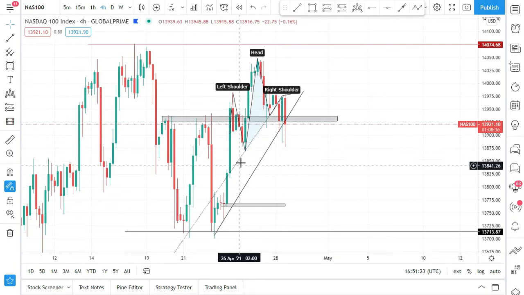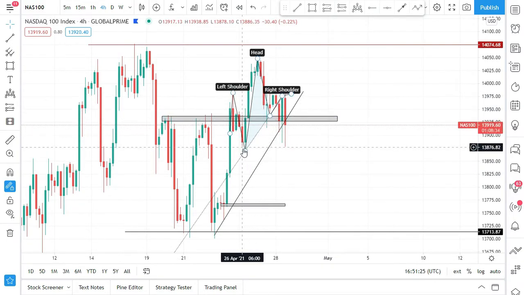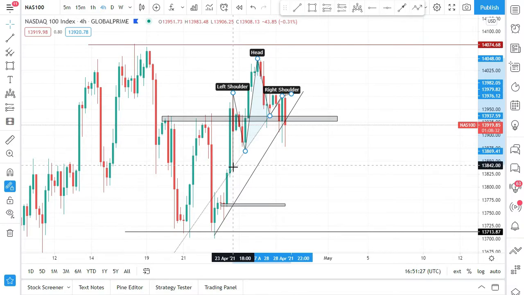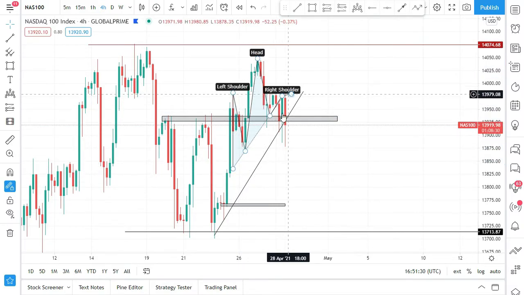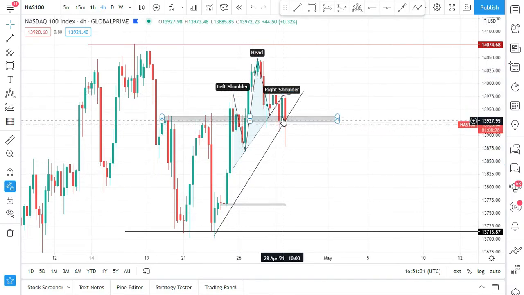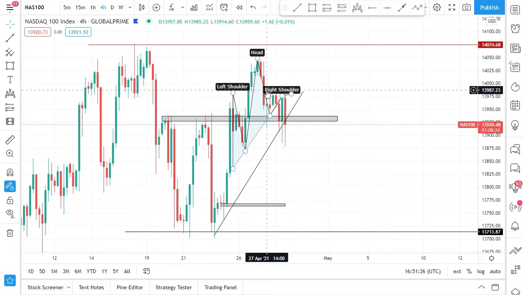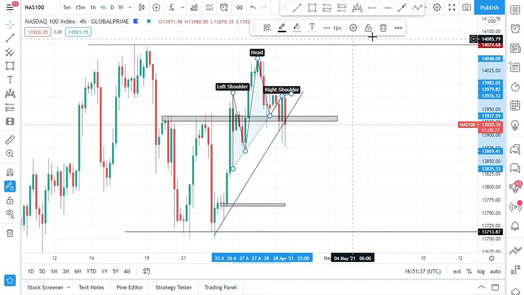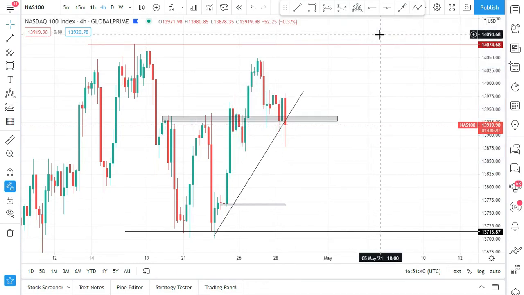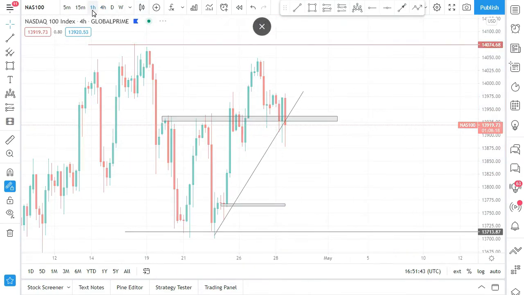As you can see here, the market broke out of this head and shoulders structure, came back for a retest. Right now it's just selling. Okay, now we have a fourth confirmation. Okay, so now we can move on to the 1 hour time frame.